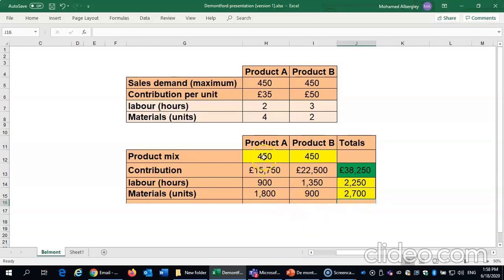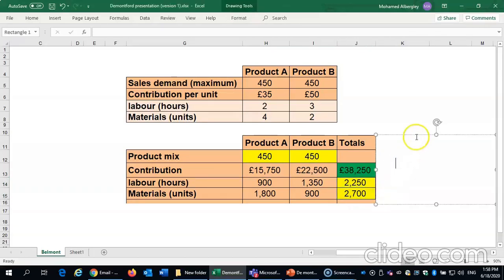The story here is that where there is no constraint that prevents the company from producing the maximum demand, the company would produce 450 of A and 450 of B and would achieve a maximum profit of 38,250. And this would require the company to use 2,250 hours of direct labor and 2,700 units of direct materials.